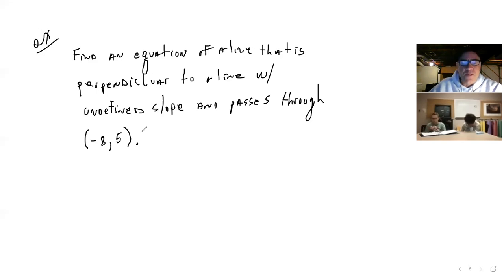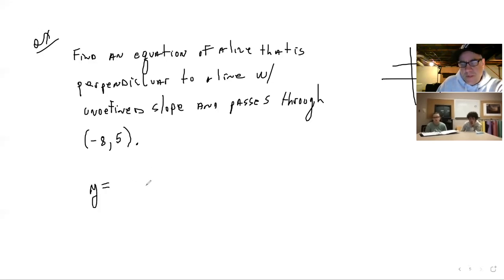Looking at the problem, it says find an equation of a line that is perpendicular to a line with undefined slope. So the connection is, what kind of line has undefined slope? A vertical line. So the line you're perpendicular to is vertical, which means you're looking for a horizontal line. Does that make sense? The equation of a horizontal line is y equals a constant.